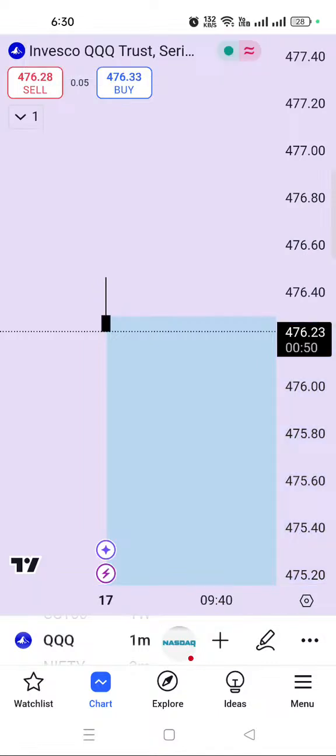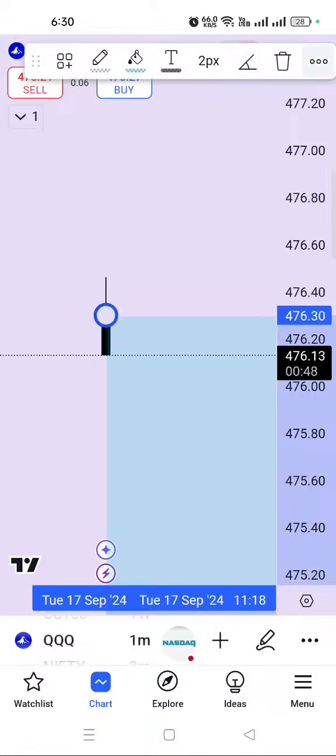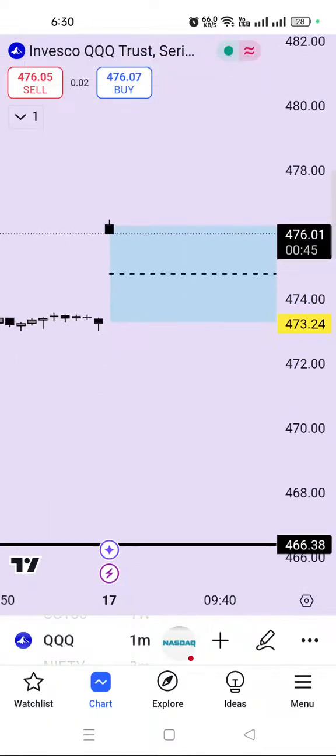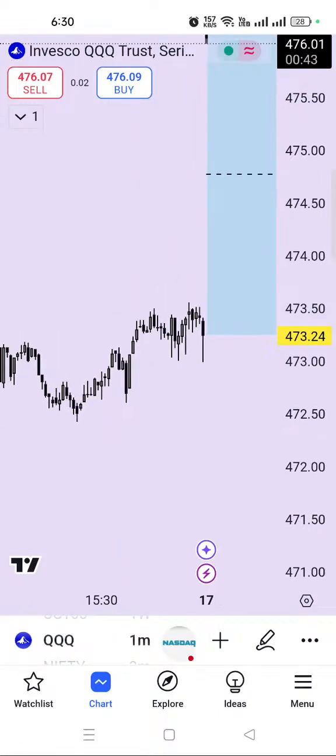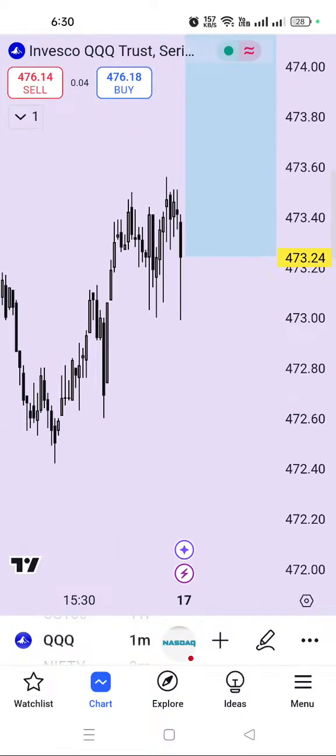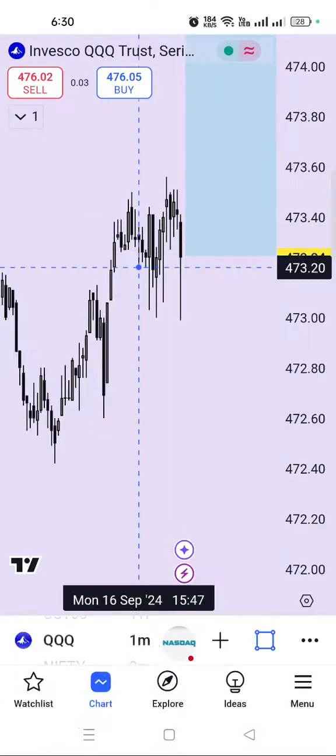News highs and lows, take a note of those areas. News highs and news lows. This area is important for today. You see this point.